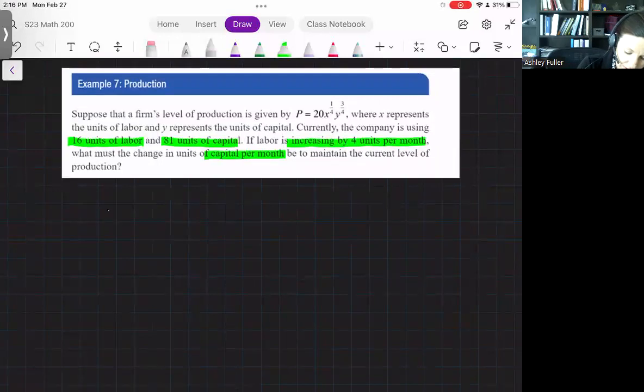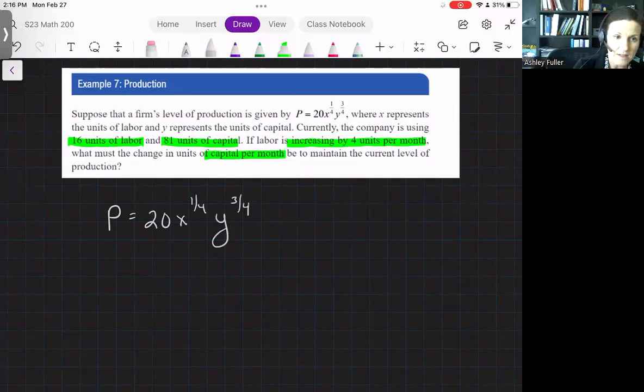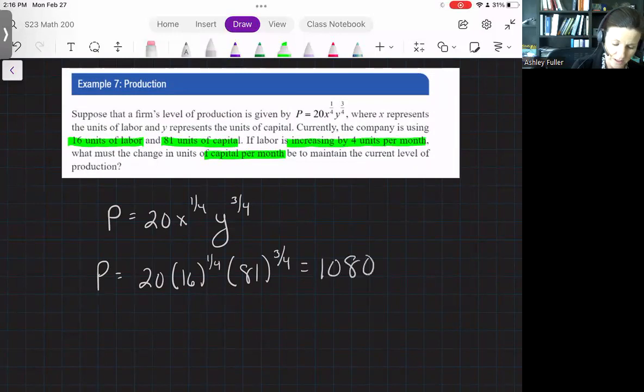Well, our current level of production, we can calculate from our formula by plugging in the X and Y values given. They've told us that we're using 16 units of labor and that we are using 81 units of capital. So when we calculate this, we get that our units of production are 1,080 units. Note, we want to keep that level of production constant.